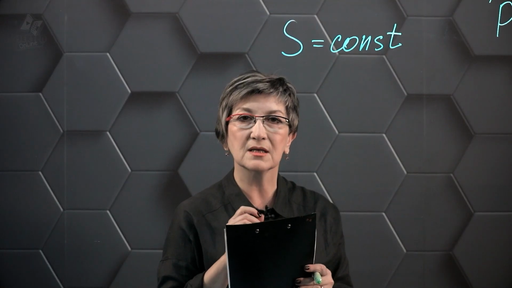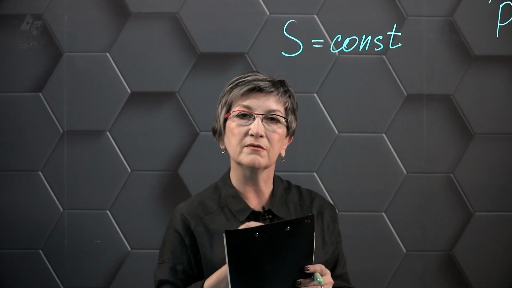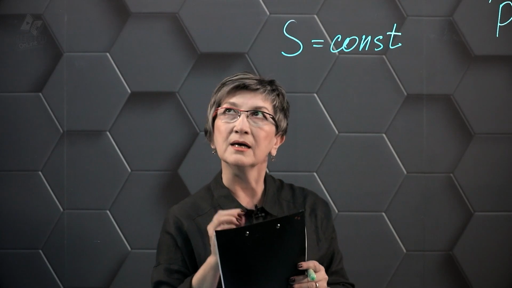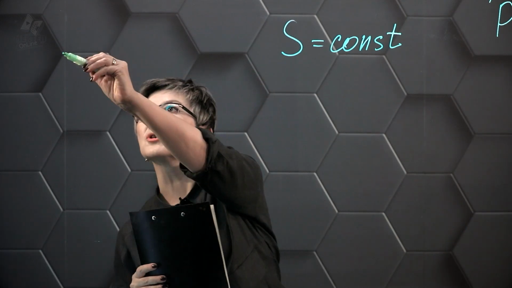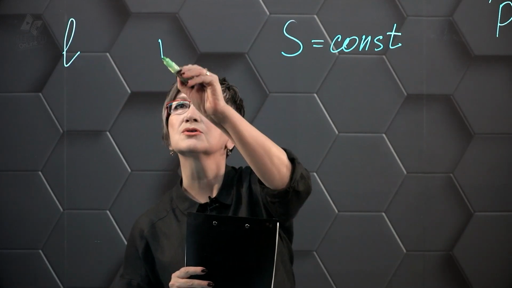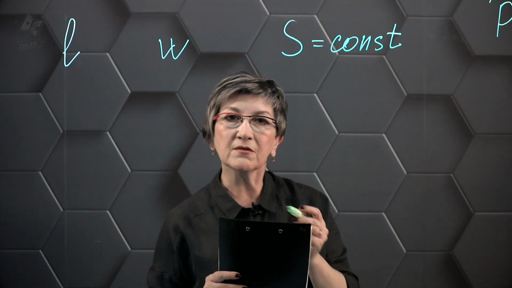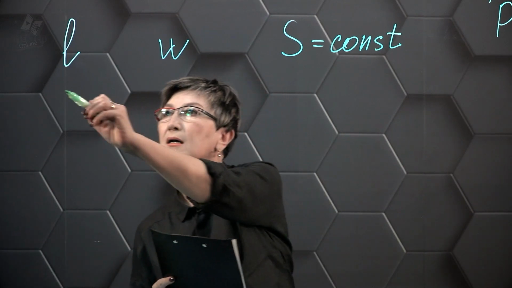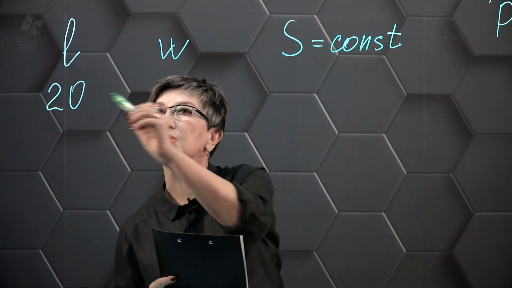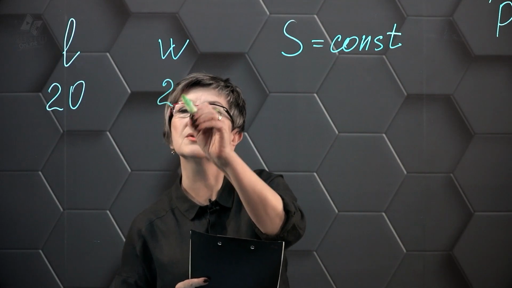The condition of this problem says that there are two quantities, length and width. Let's write down length and width. In the first rectangle, the length is 20 centimeters and the width is 2.4 of a centimeter.